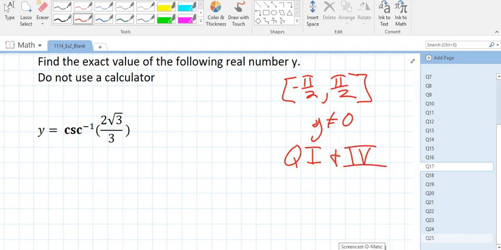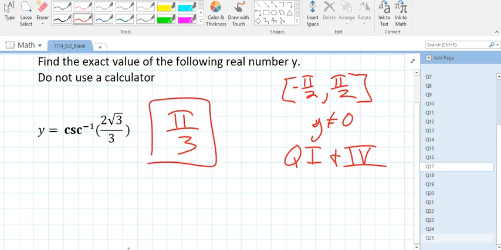Question you got to make sure that you answer, first off, is 2 square root of 3 over 3 in the domain? Yes, it is. So all we need to do is find out when is cosecant 2 square root of 3 over 3? Pi over 3. Look on your chart, and it's pi over 3. Do I have to worry about the negative interval on this? No, because it's in quadrant 1. So it's exactly A-okay for this. Any questions here?